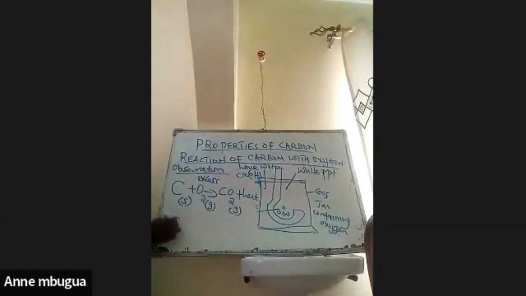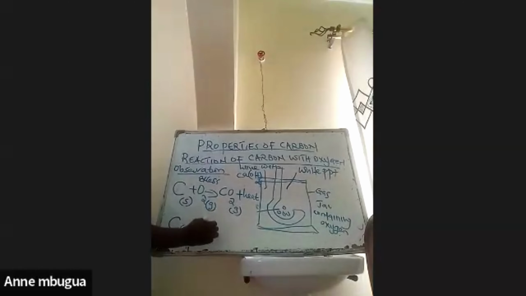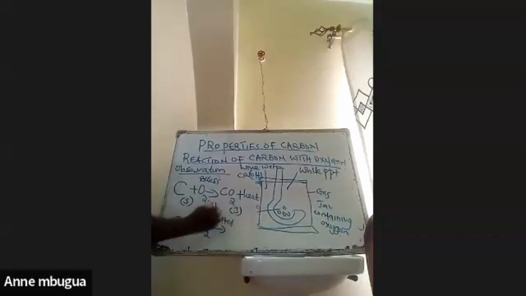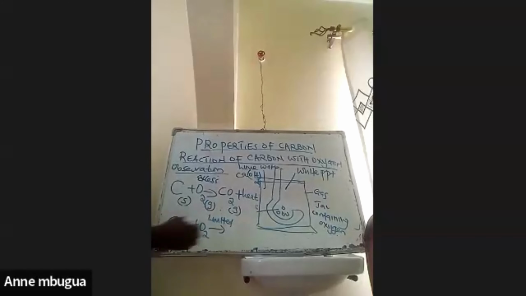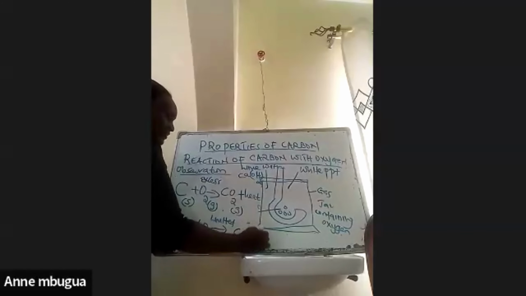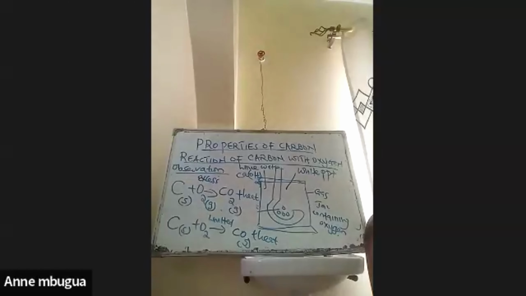If the amount of oxygen here is limited, we would end up with carbon(II) oxide and heat. So the examiner may tell you if this was done in excess or in limited amounts, write a balanced chemical equation for the reaction that will occur.